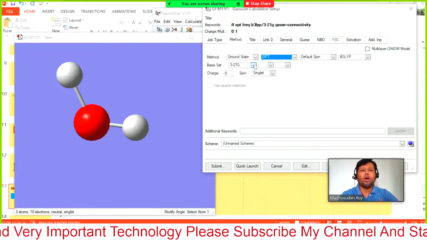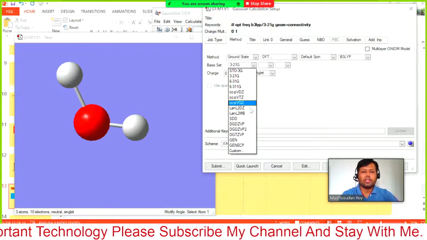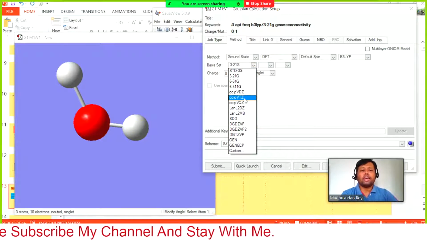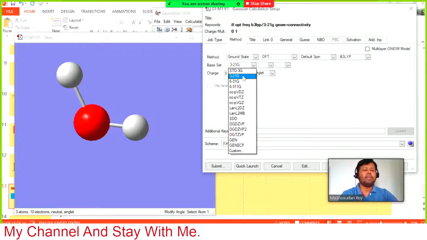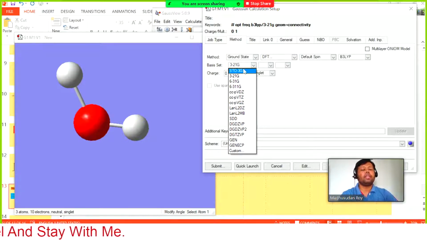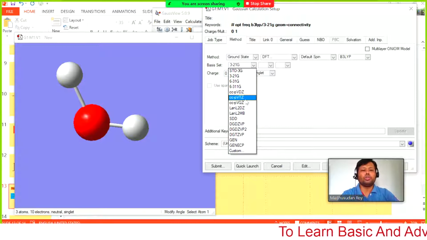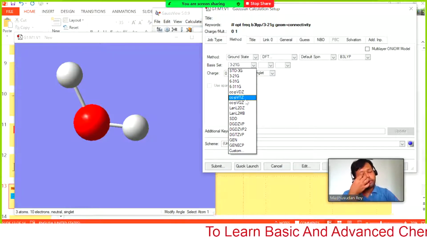Here you will see a lot of functions, different types of functions. You cannot see the equations here, but it actually has different types of equations inside, and we are familiar only with the names. So let us choose a little bit more accurate functions.